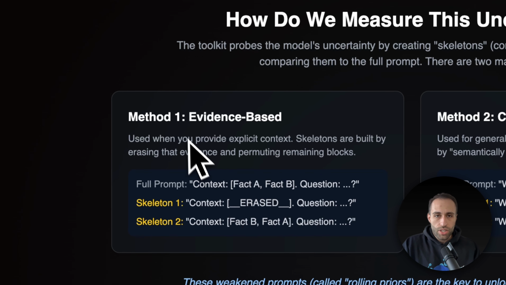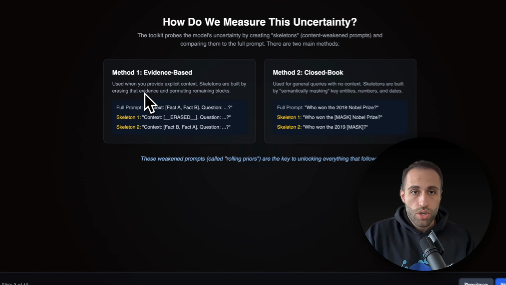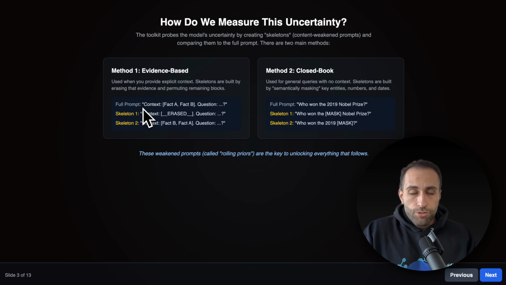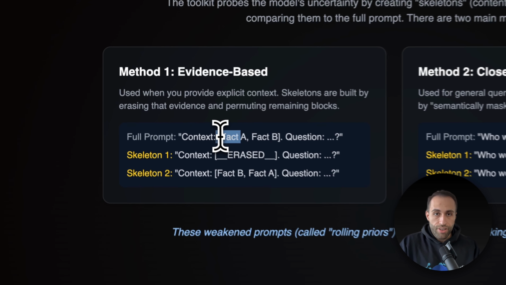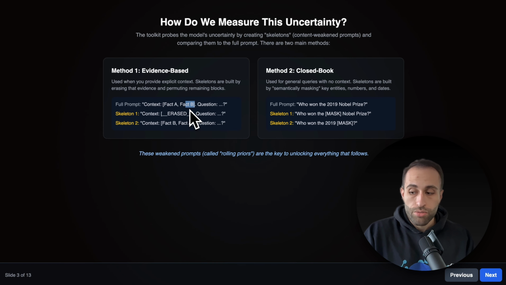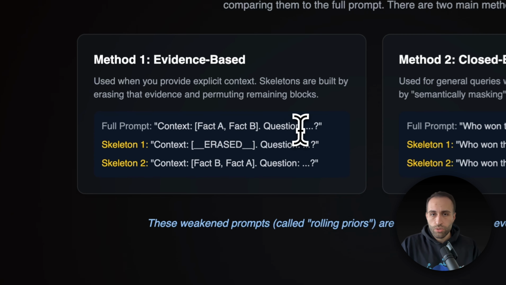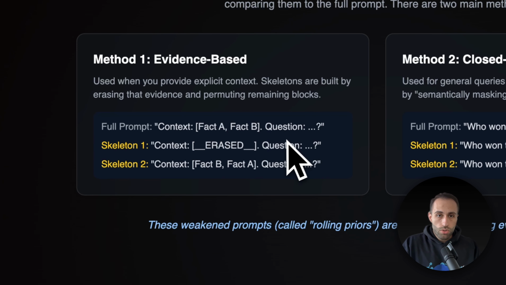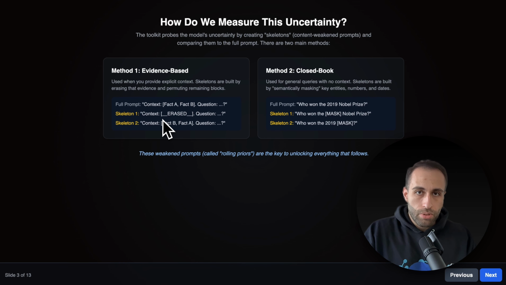So let's start with the evidence-based approach. They get the full context or the full prompt here. For example, you have chunks of data retrieved, let's say fact A, fact B, different chunks of data that you retrieve for the RAG, and then you ask a question. So what they do is create some weaker prompts, which they call skeletons here. What does that mean?